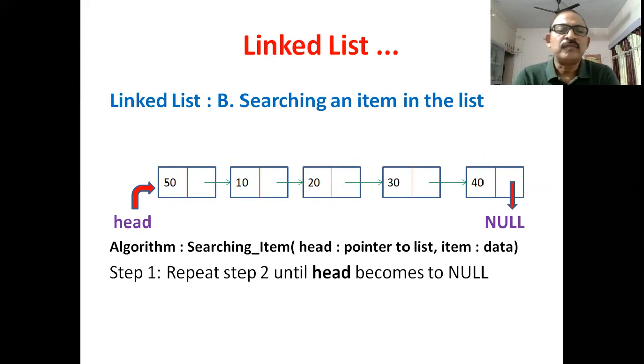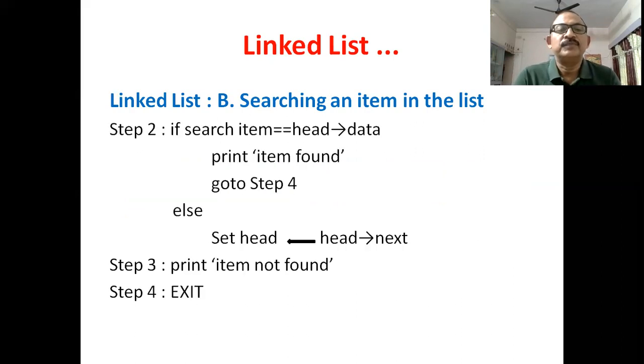Okay. Now, step 1 is repeat step 2 until head becomes null. Let us see what our step 2 is. Here you can see, if the search item is equal to head data, we simply print item found. Next, go to step 4, and what is step 4? Exit.